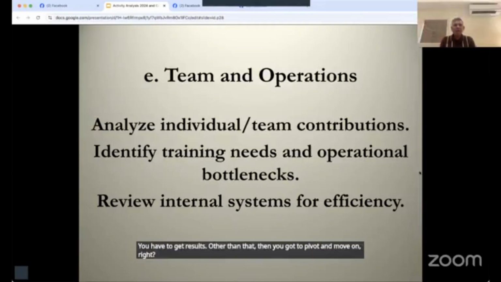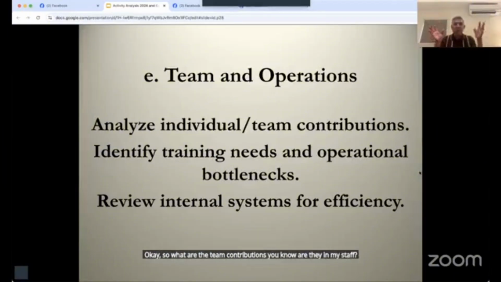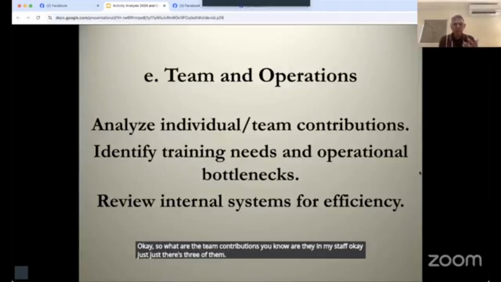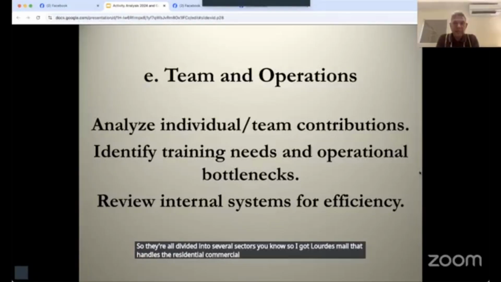Okay. So what are the team contributions? Are they in my staff? There's 3 of them, and they're all divided into several sectors. I have Lourdes Mel that handles the residential and commercial. I have Mercy that handles the industrial, some of the other listings like the townhouses, and the high-end residential also.